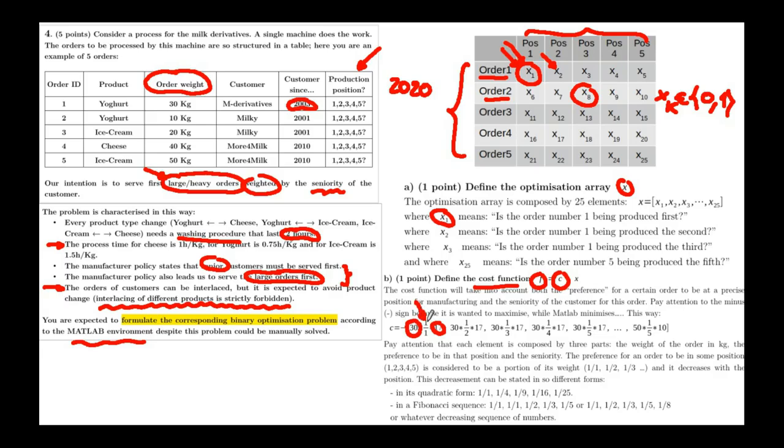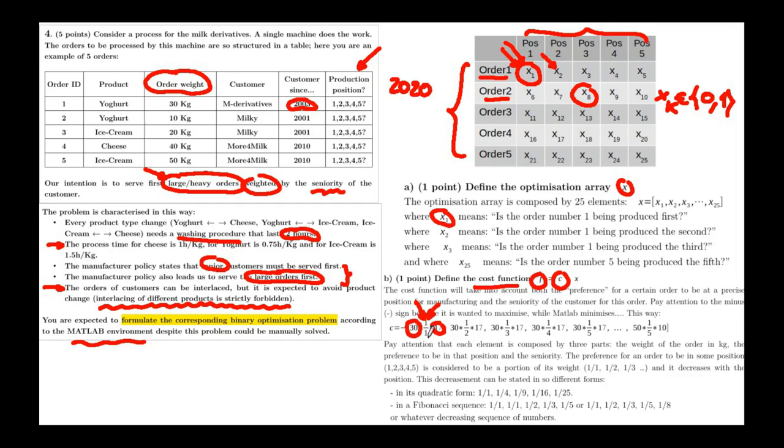What's this number, this fraction in here? The first number tells how good it is to make order number 1 be produced first. The second number is how good it is to make order number 1 be produced second. As you can see here, I have an artificial weight that is decreasing.